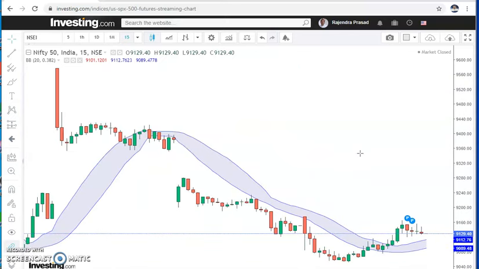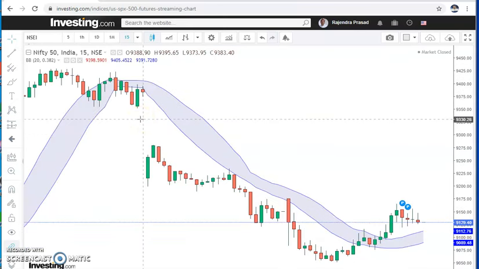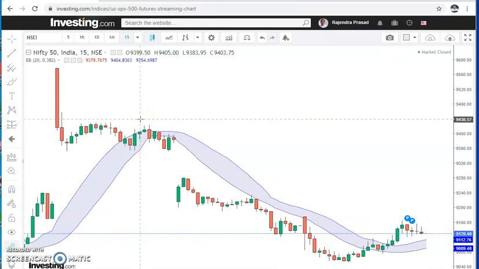On the 15 minutes chart you should be very patient. You have to wait until the candle closes above or below the channel. This is the important thing you have to note down. With this technique you can make everyday profits trading Nifty or Bank Nifty.